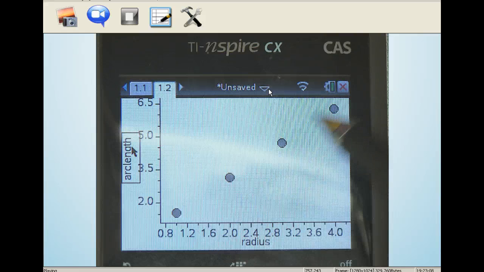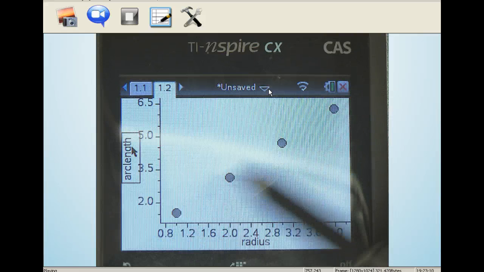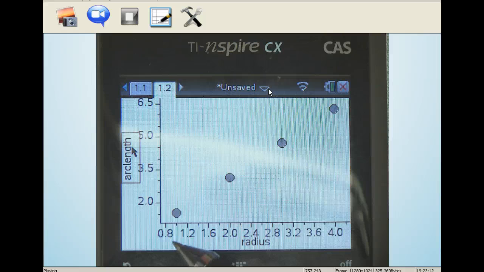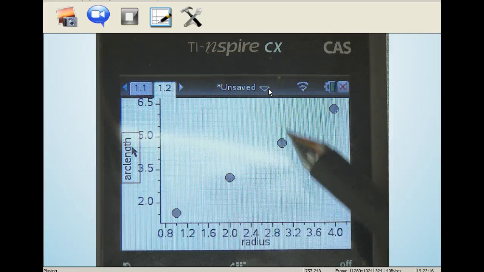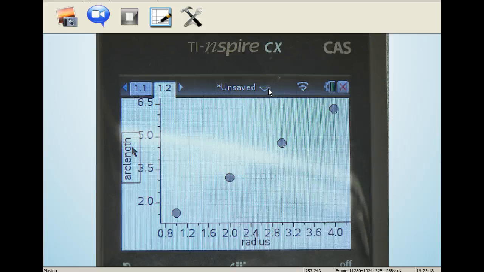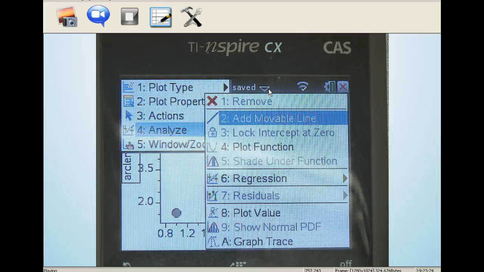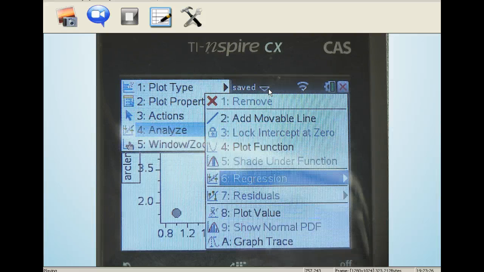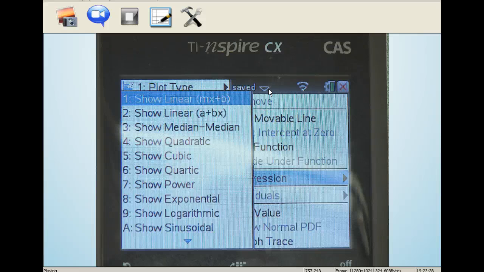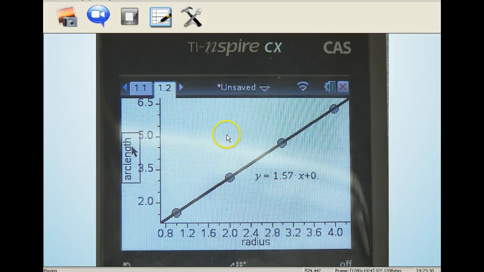Pretty interesting. You have a linear relationship. That means as the radius gets bigger, the arc length is getting bigger at a constant rate. Right? So now let's analyze that relationship a little bit. Let's do a regression and have it show us the slope.